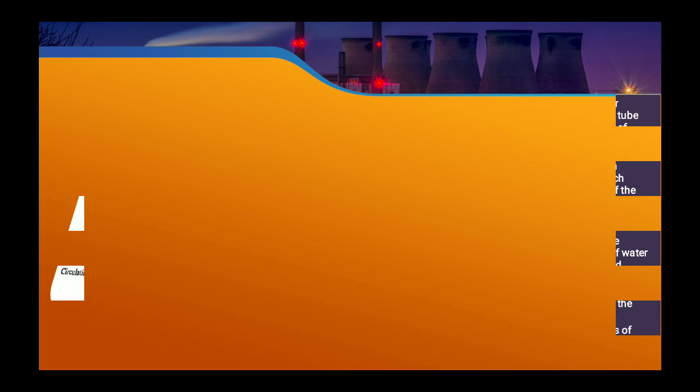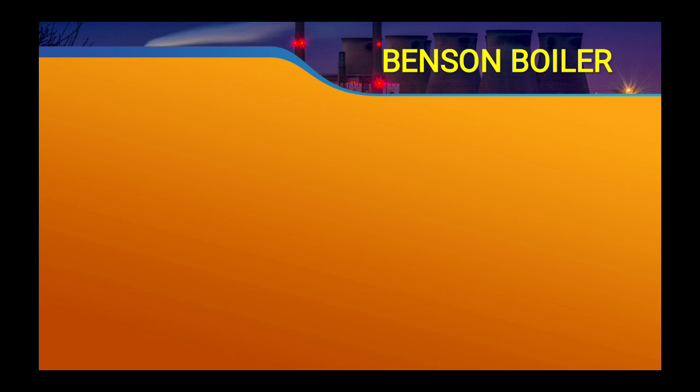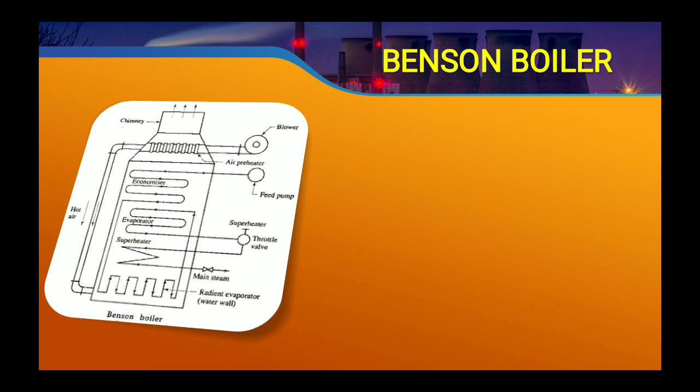Now the next one is the Benson boiler. Here you can see the image of a Benson boiler. The several parts of the Benson boiler are chimney, radiant evaporator, main steam outlet, throttle valve, superheater, evaporator, feed pump, air preheater and blower.